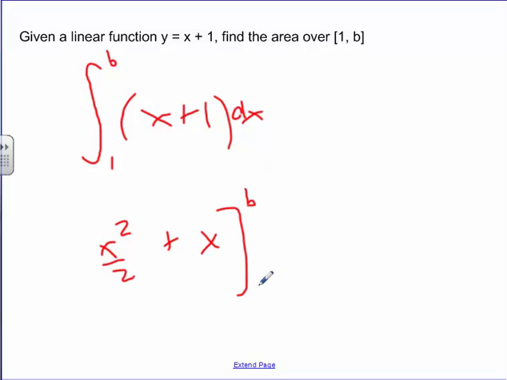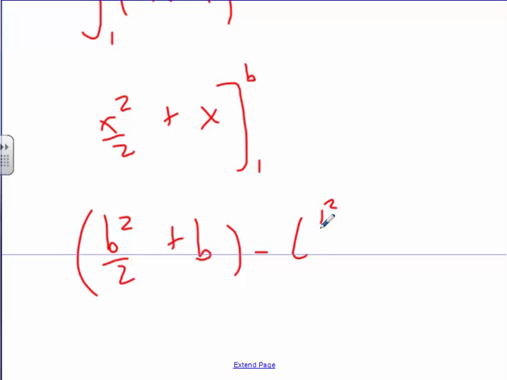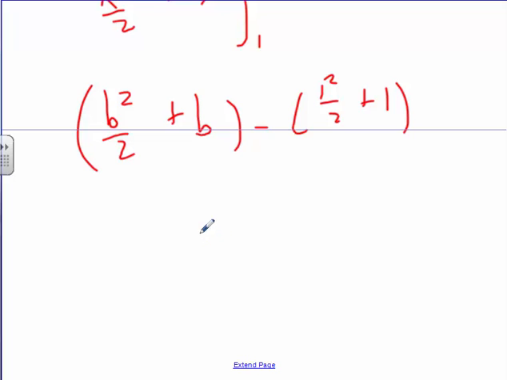Well, then the only thing I have left to do is plug in from b to 1. So I'm really looking for b squared over 2 plus b, minus 1 squared over 2 plus 1. Now, I need to clean this up a little bit here. That's a pretty reasonable expectation. So I'm going to times by 2 over 2 right here. I'm also going to times by 2 over 2 right here.